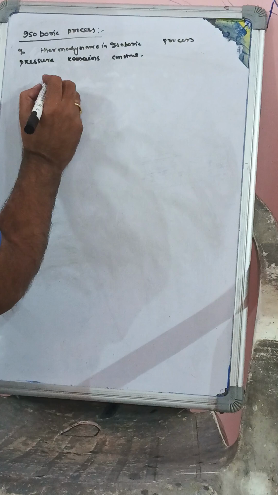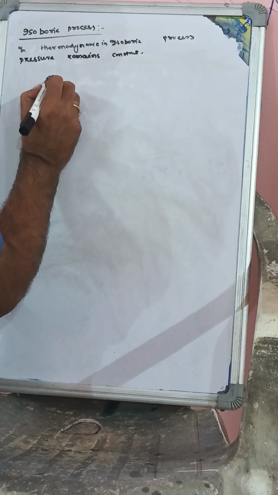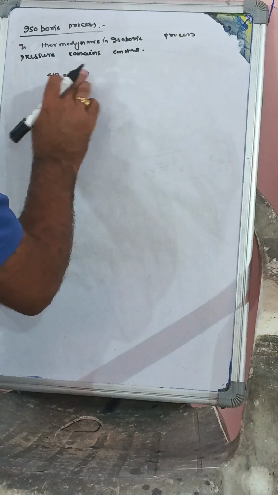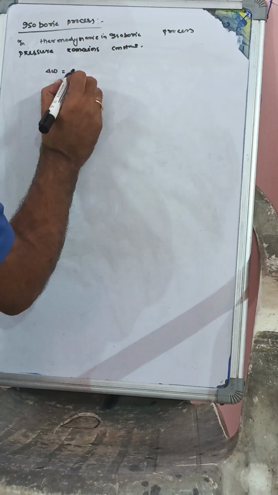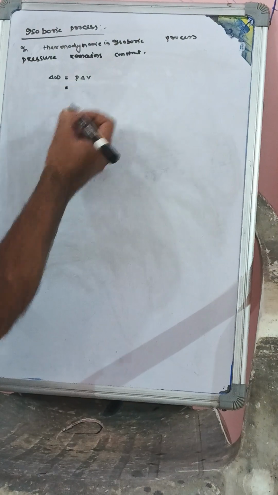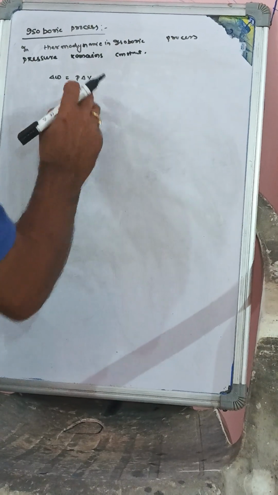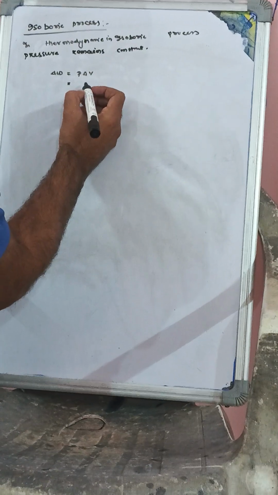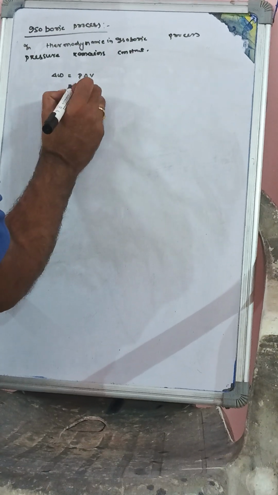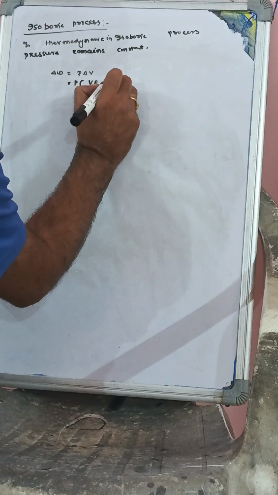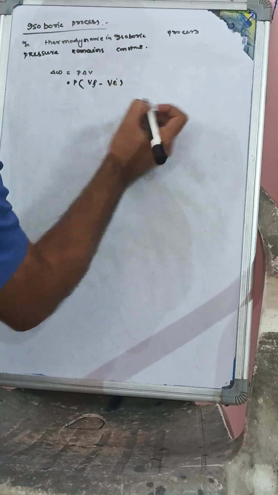Okay, then del W is equal to P del V, that is P into change in volume, final specific volume minus initial specific volume.